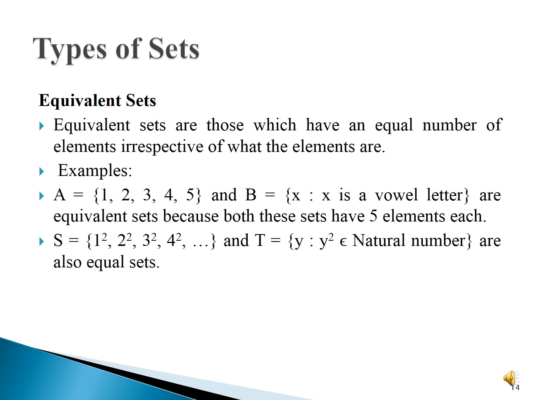So here also Y is an element, and we write the set as the collection of natural numbers which are the squares of natural numbers. So it will also be an infinite set. S is an infinite set, and T is an infinite set. So both are equal sets.